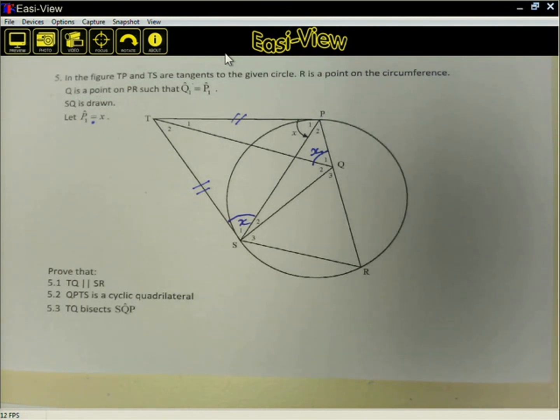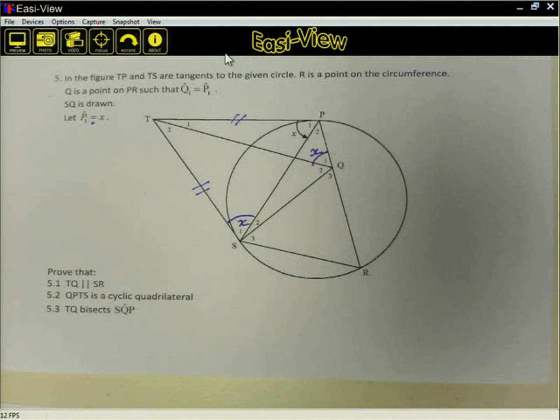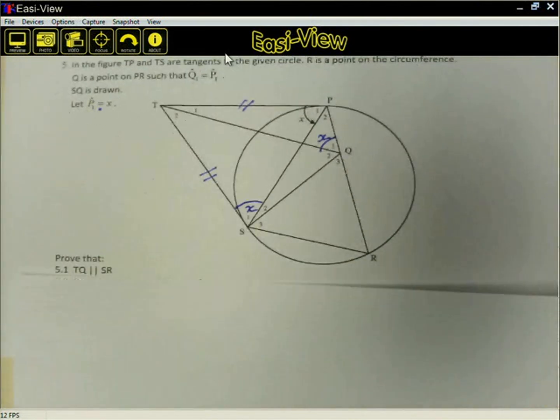So already, even before you attempt to answer the questions, you can see that S1, Q1, P1 are the equal angles. From analyzing the diagram, the geometric rider, you just analyze the geometric rider. Now, let's go to the questions. The first question states, prove that TQ is parallel to SR.